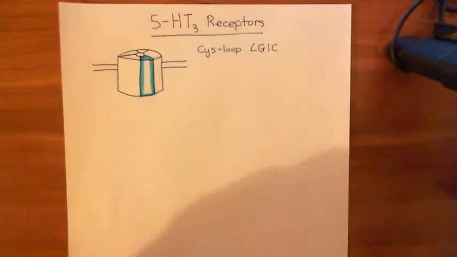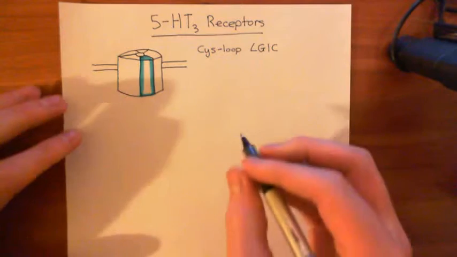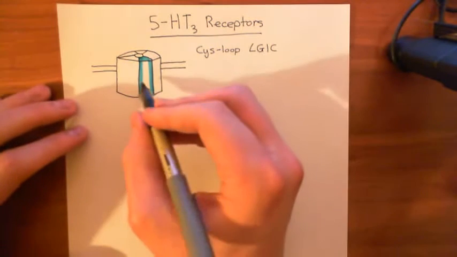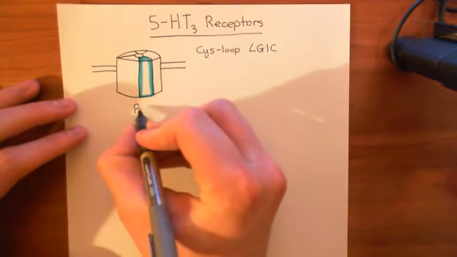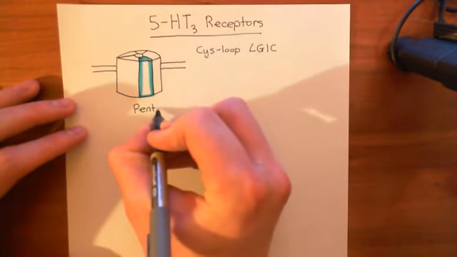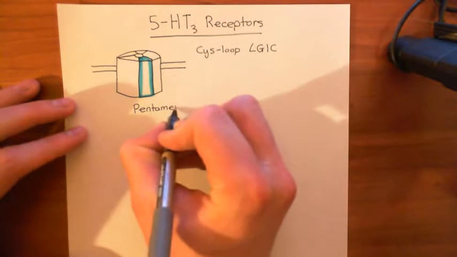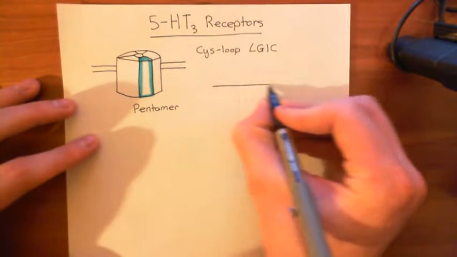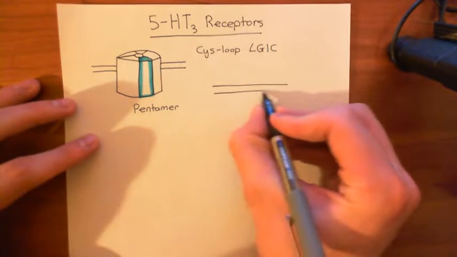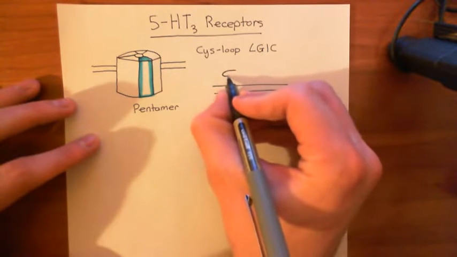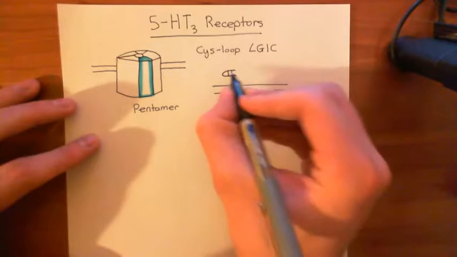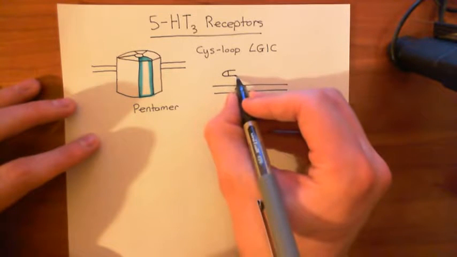Let's look at its membrane-spanning topology. If we take one of these proteins out that makes up the pentamer, which is the overall receptor, then its membrane-spanning topology looks like so. Basically, at the start, it has what's known as a cis loop, and I'll discuss what a cis loop is in a moment.